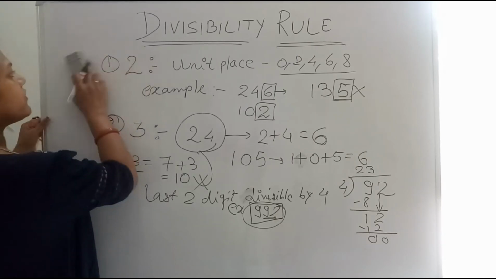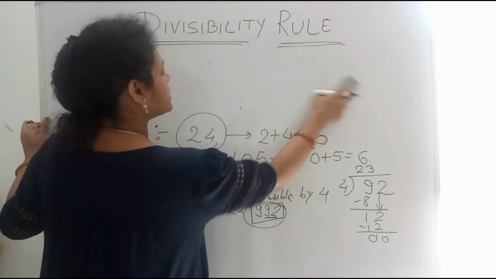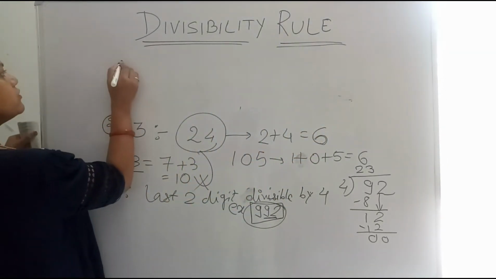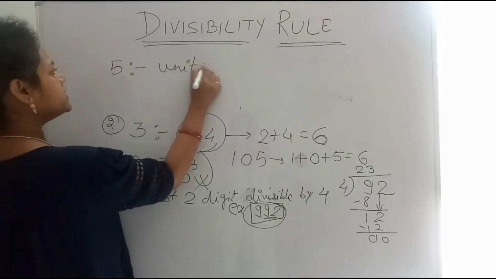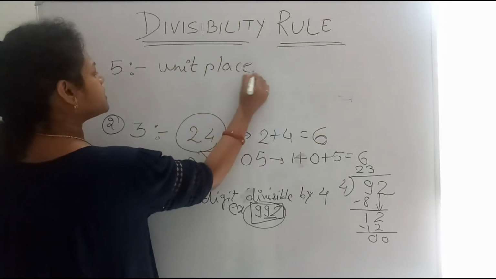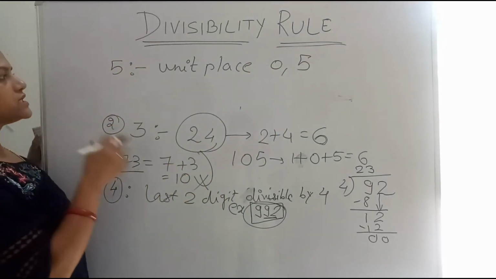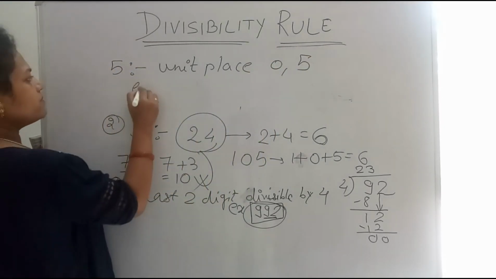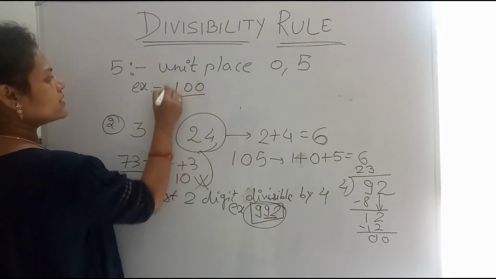Okay, we will see for 5 also. What does 5 say? The rule for 5 is that if in the unit place 0 or 5 is there, then it is divisible by 5. Example, suppose 100.